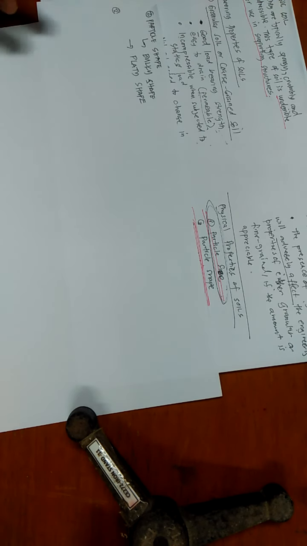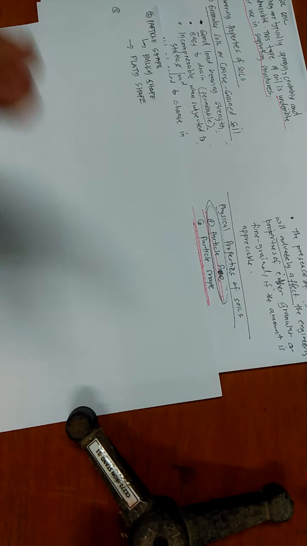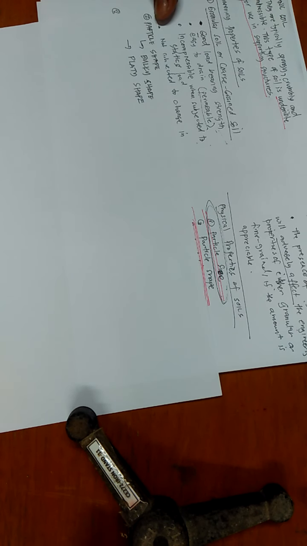Dito. So, explain natin. The shape of the particles influences the strength and stability of a soil. Take note nyo yan lagi. Na yung mismong shape ng particle, it will influence the strength and stability of your soil. So from here, we will identify what are the bulky soils and what is the flatty shape.